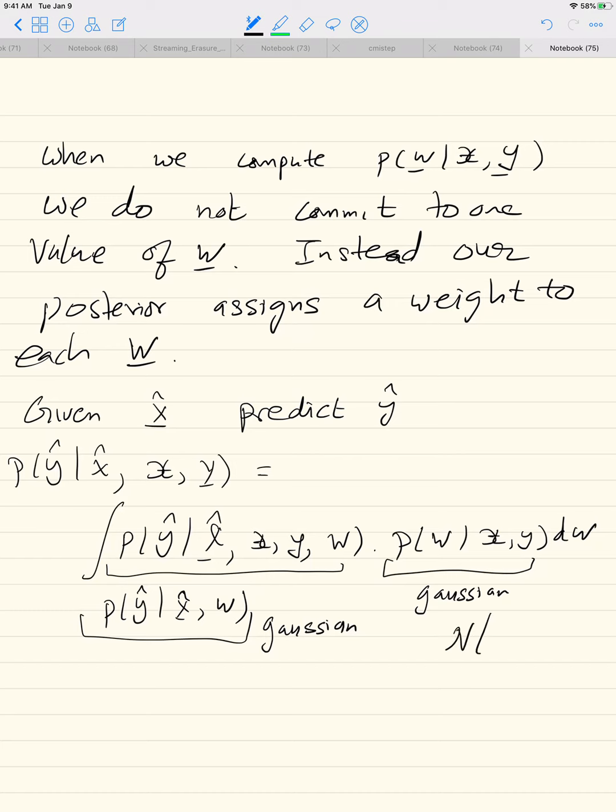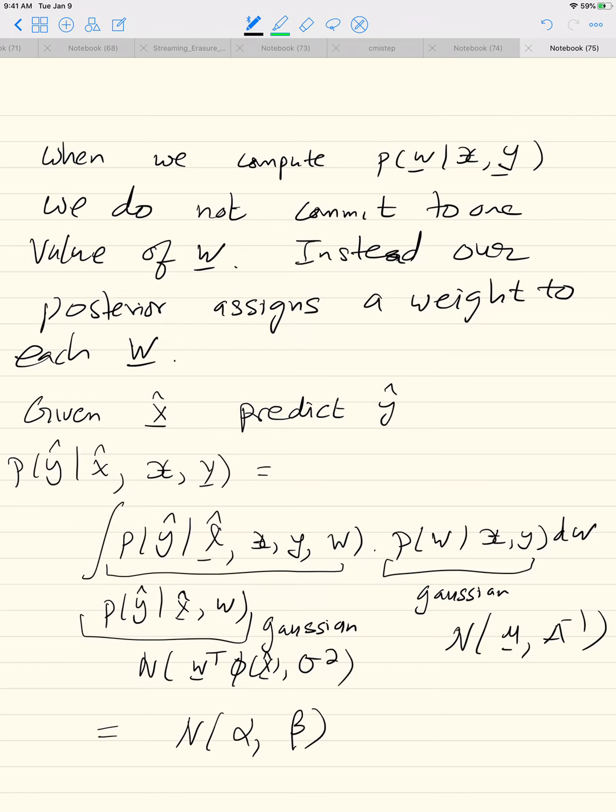This is a Gaussian with some mean mu and covariance A inverse that we saw before. This is a Gaussian whose mean is W transpose phi of X hat and variance is sigma square. And so when you integrate out these two, you will also get a Gaussian. So the product of these two will be a Gaussian with some mean and variance. And you can compute these things in closed form.